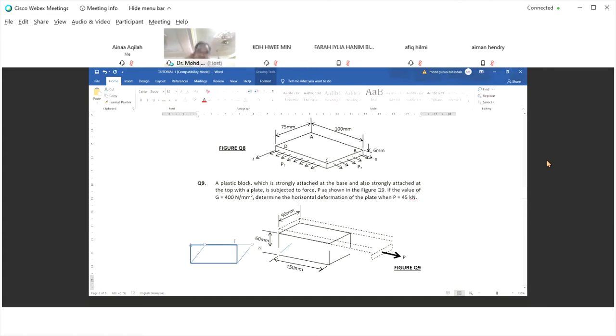Determine the horizontal deformation. So this is the horizontal deformation.